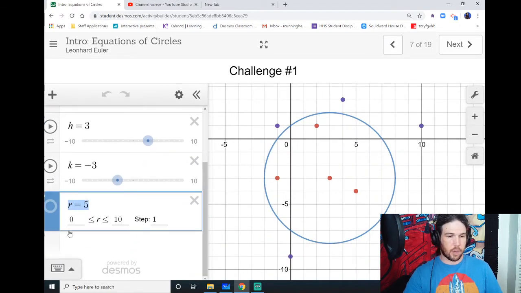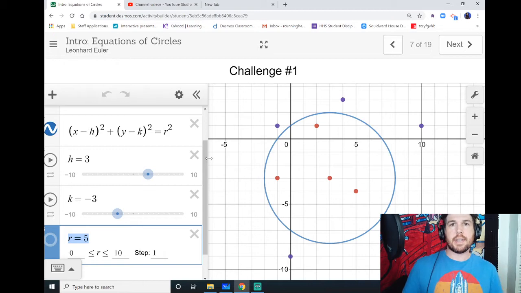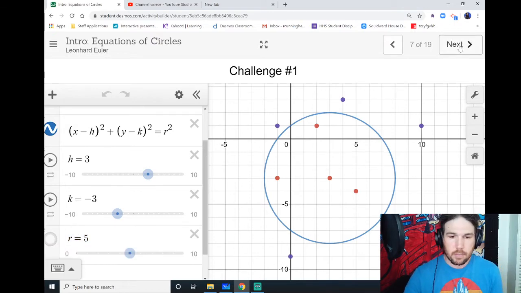Yep, there it is. r equals 5. So we're going to dig into the details of exactly how this works, but in general, you've got 3 things other than x and y. The equation is x minus h squared plus y minus k squared equals r squared. And each of those letters, h, k, and r, has its own effect on the graph of the circle.